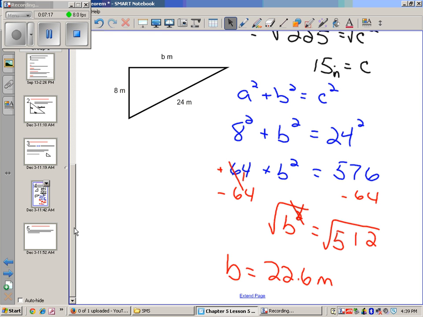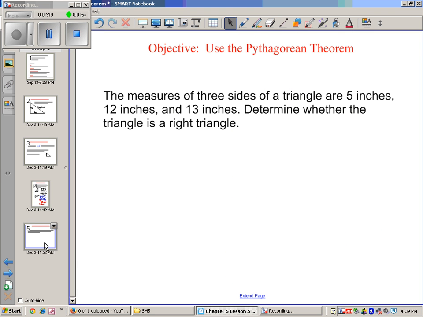Okay, let's look at our last slide. The measures of 3 sides of a triangle are 5 inches, 12 inches, and 13 inches. Determine whether the triangle is a right triangle. Okay, so we're going to plug them into our formula once again, because our formula for right triangles, the Pythagorean theorem, is A squared plus B squared equals C squared.